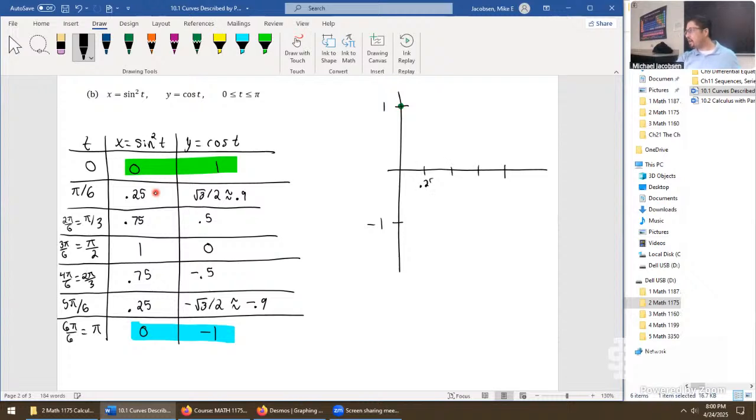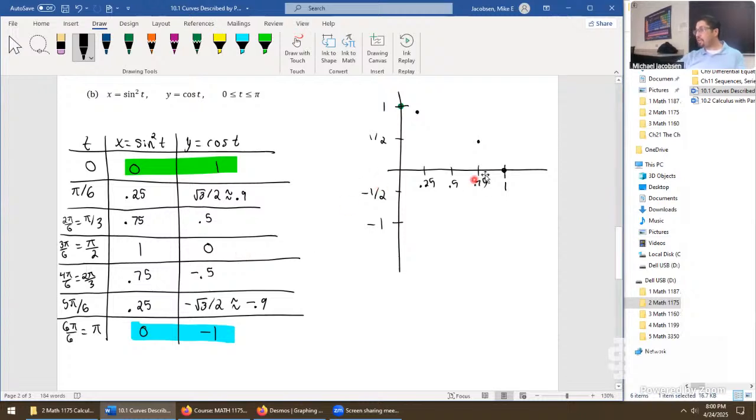So this is 0.25. This was at 1. And we get this new point at approximately 0.9 in the y direction, at 0.25 in the x direction. That's 0.75, 0.5. So here's our half. Here we get 1, 0.